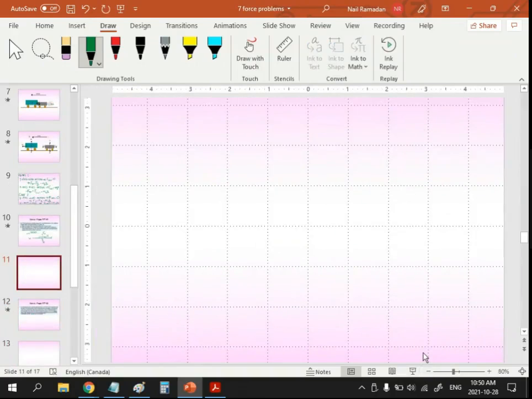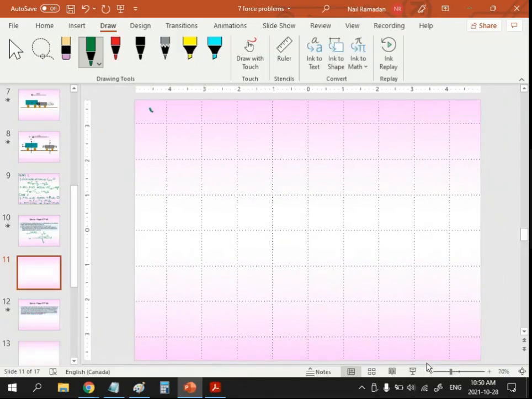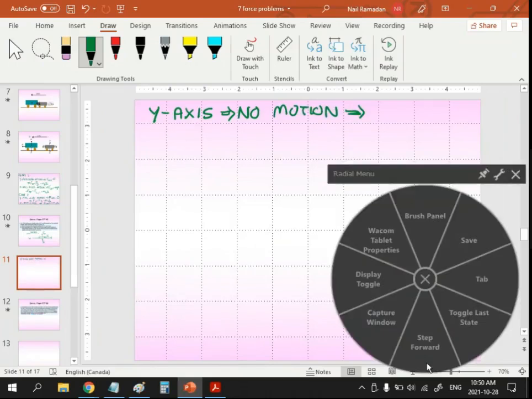All right, y-axis. No motion. Which means what? By the way, if you want to jump in right now to just saying Fn equals Fg, is that still correct?